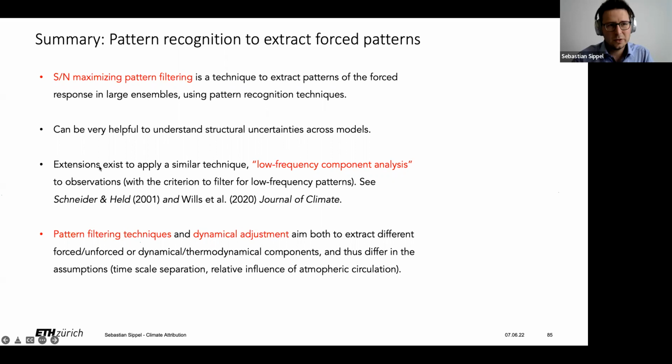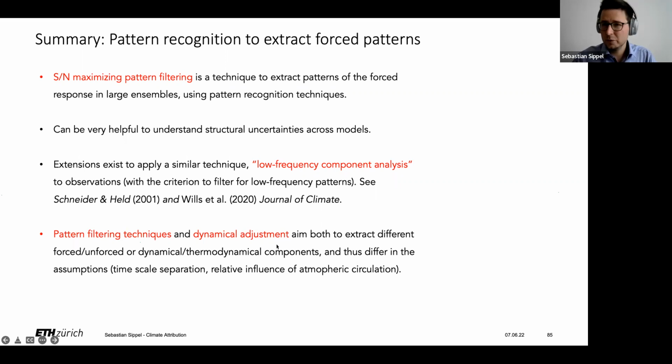There also exist extensions to apply a similar technique to observations. The problem with observations is that we only have one realization, so we cannot find patterns that relate to the ensemble average because we don't have one, but we can try to find patterns that tend to co-vary with low-frequency components, and then it does a relatively similar thing.